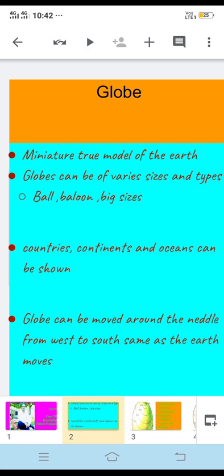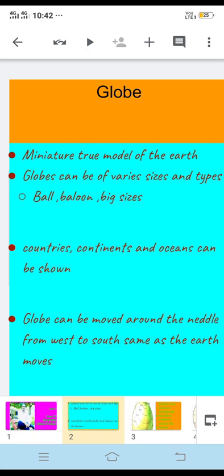And then all parallel circles from the equator to the poles are called parallels of latitude. Latitudes are measured in degrees.